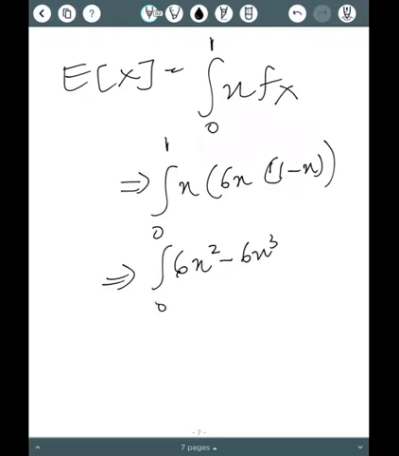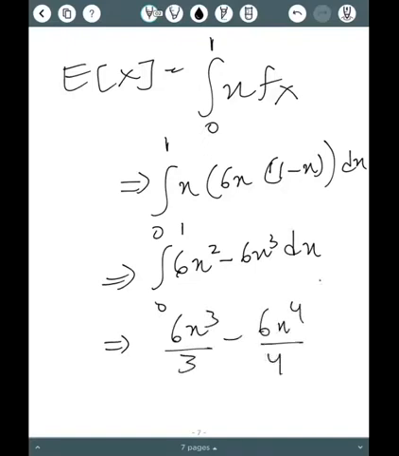इसको आपने इंटीग्रेट करना है 0 1 के बीच में with respect to dx. Don't forget to write dx, right? So ये हो जाएगा 6x cube over 3 minus 6x 4 over 4, 0 1. Okay, sorry, 1 and 0, right?